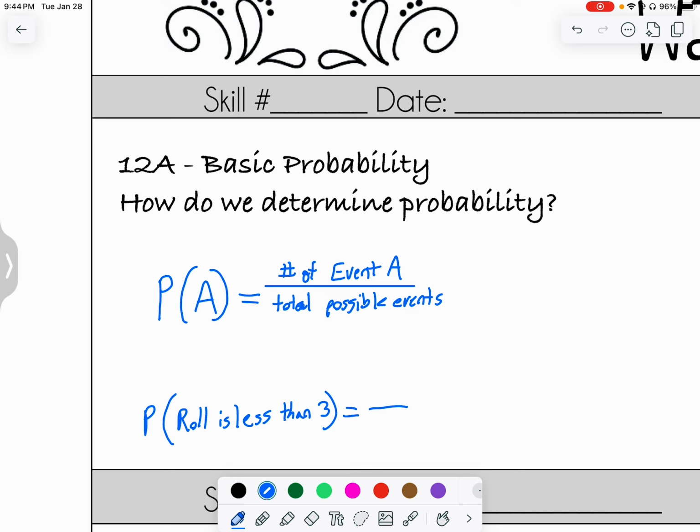Well, there are two numbers that are less than 3 on a die, 1 and 2. So that gives us 2 chances for that event. How many possible events? There are 6. So it's 2 out of 6. Again, we can always simplify this, but it's a little bit easier to keep it like this whenever we add, subtract, multiply, or divide, because oftentimes our total possible events will be the same as we go.